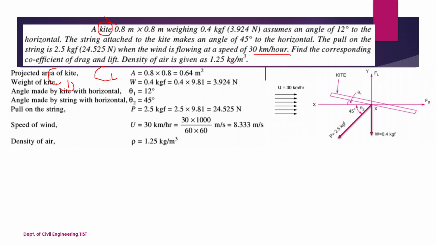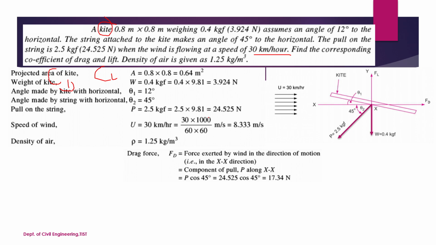Okay, so this is the figure. The forces which are acting on the kite are shown in bold lines. So we have W and P, they are the forces. So just take the horizontal and vertical components. The horizontal component will be your FD and the vertical component will be FL. So FD is the force exerted by wind in the direction of motion.